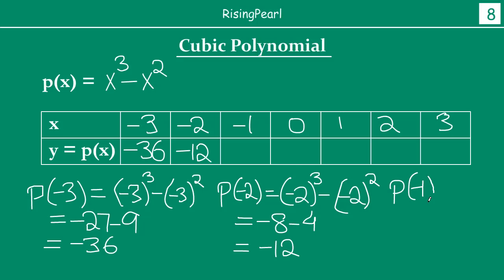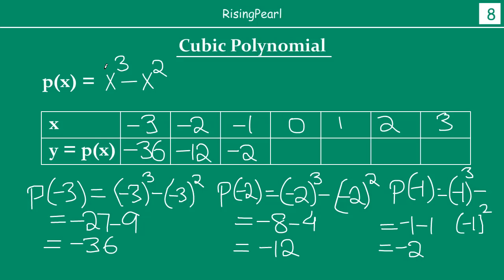How about -1? At -1, -1 cube minus -1 square. So -1 cube is -1, and -1 square is 1, but there is a minus, so this is -2. So we should be able to draw this as well.